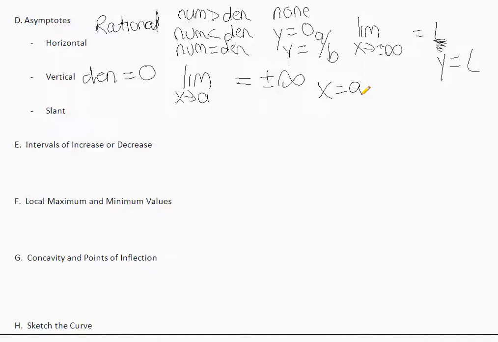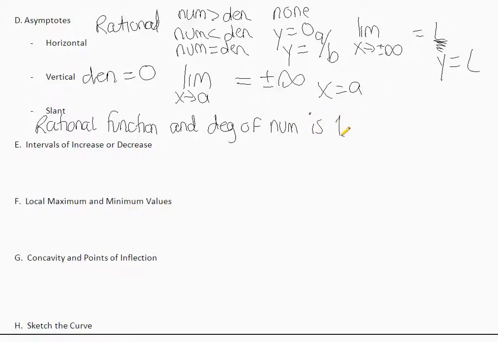Okay, slant asymptotes. Remember this from last year: you only have a slant asymptote if you have a rational function and the degree of the numerator is 1 more than the degree of the denominator.